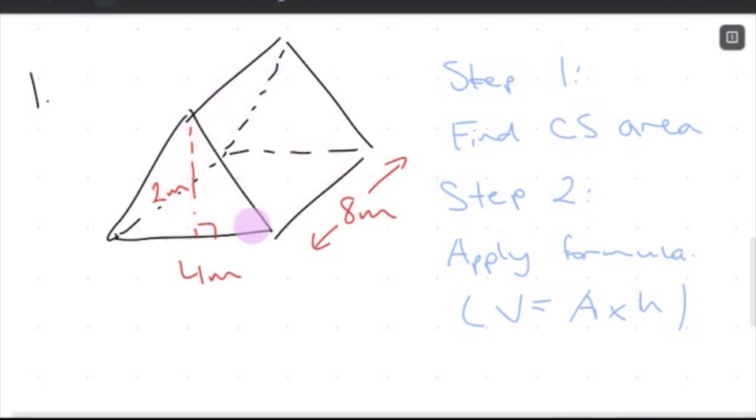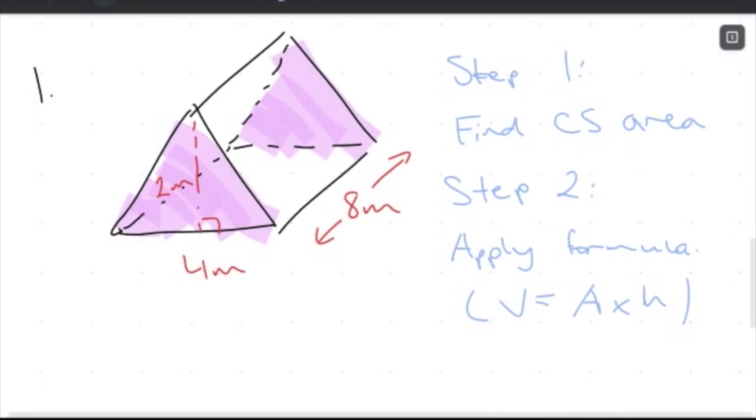The two identical faces are the ones that I have here, the one at the front and the one at the back. So that means that no matter where I slice this, I'm always going to get a triangular face showing. So this is the cross-sectional area that I want to find.